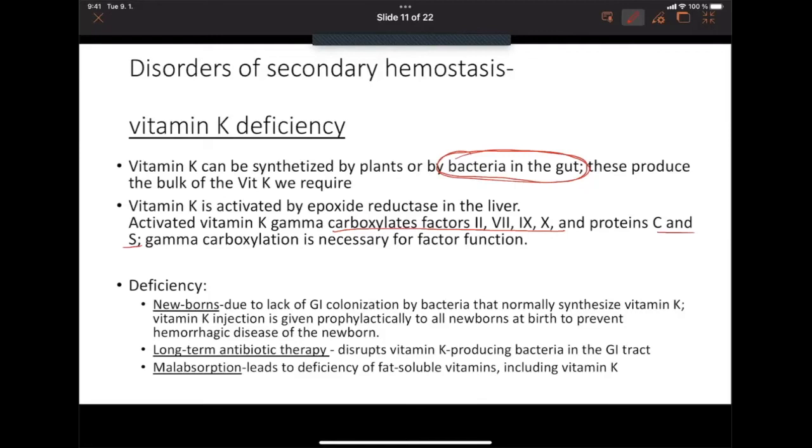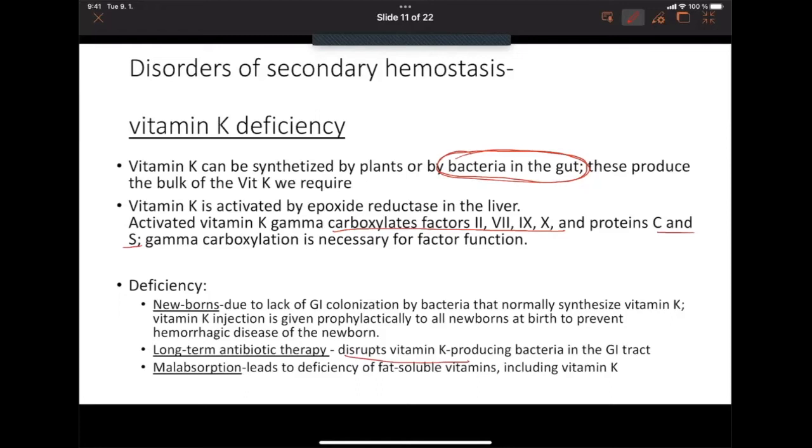So they normally don't have enough vitamin K, so they are given it prophylactically. And if you are a long-term antibiotic user, then you disrupt your normal GI flora, which means you disrupt also the normal vitamin K producing bacteria.